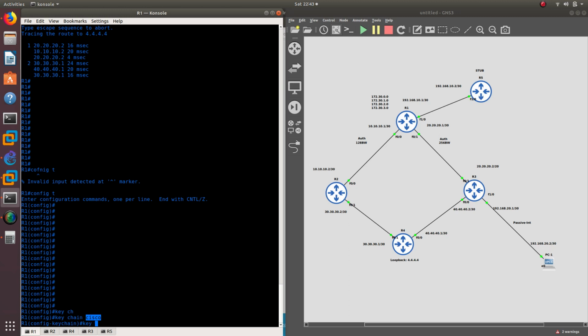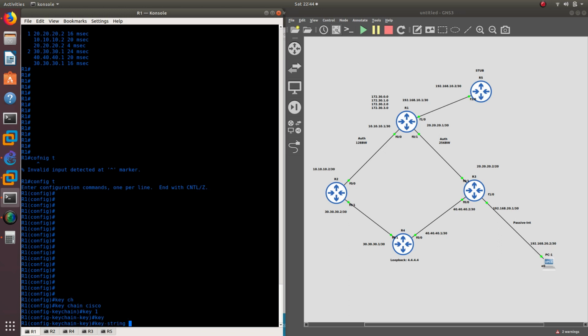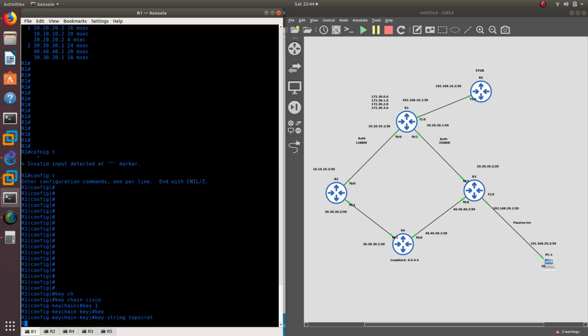After that, you need to give it a key, and the key for this one is 1. This number does need to match the other routers. We're going to authenticate between router 1 and 2, and router 1 and 3. Then you need to give it a key string, and let's call it top secret. Top secret, there we go.